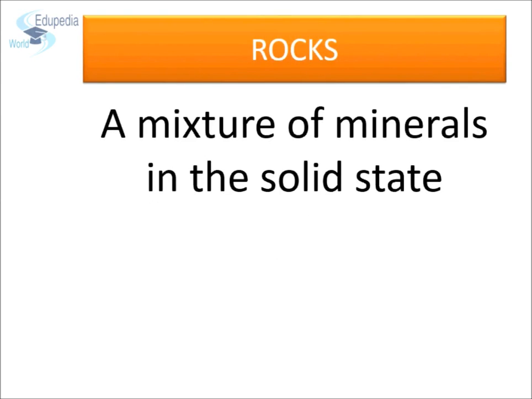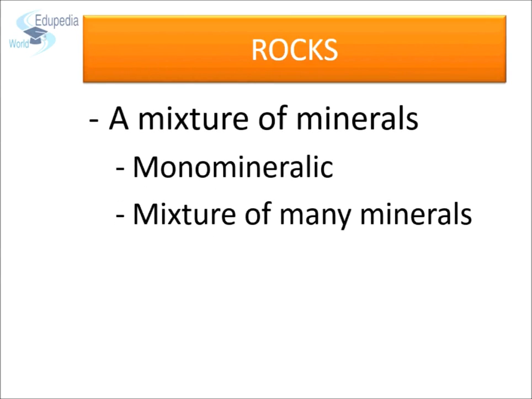Rocks. A rock is defined as a mixture of minerals in the solid state. So as per the definition, a rock is a mixture of minerals. This means that all rocks contain one or more minerals in varying proportions.